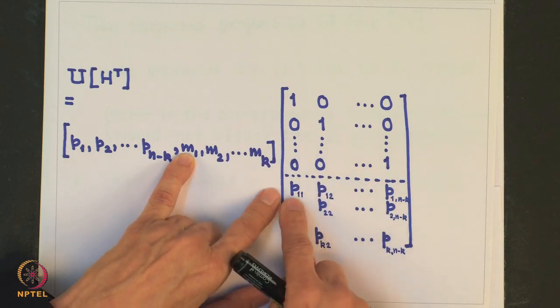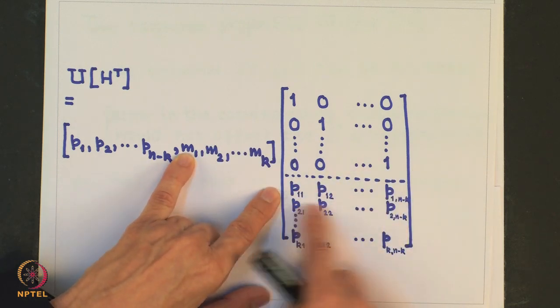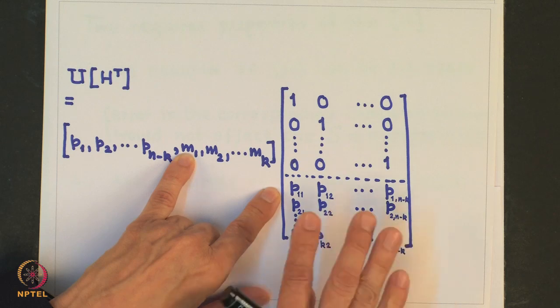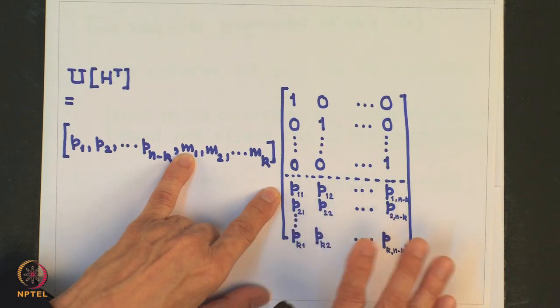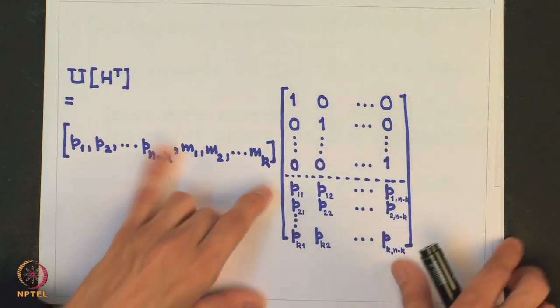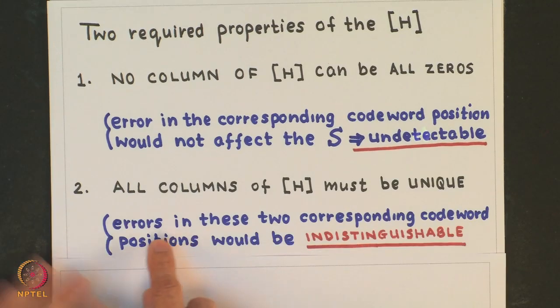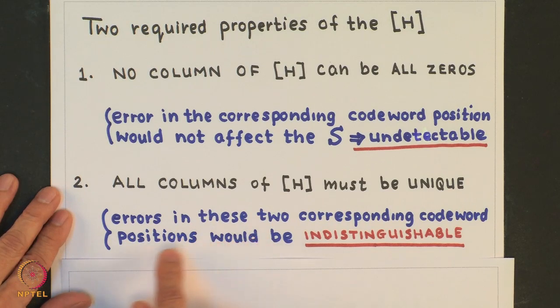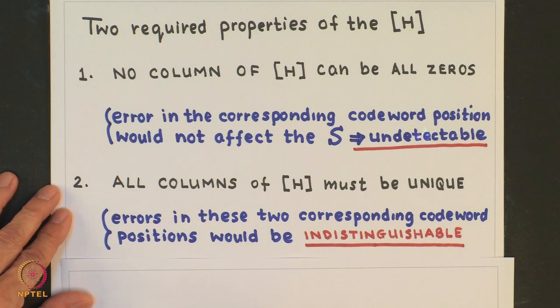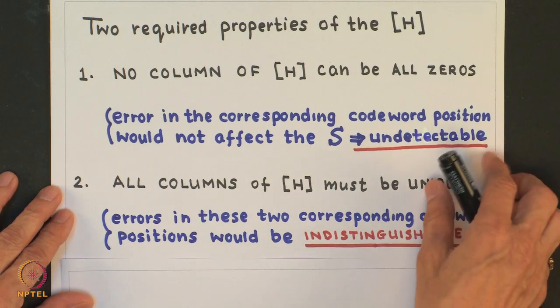So, that is why we say that the rows of H transpose should be all distinct, implying that the columns of H should be all unique or distinct. If that condition is violated, then errors in these two corresponding code word positions would be indistinguishable.